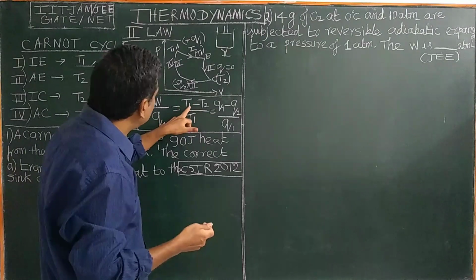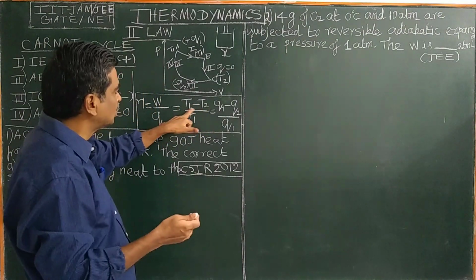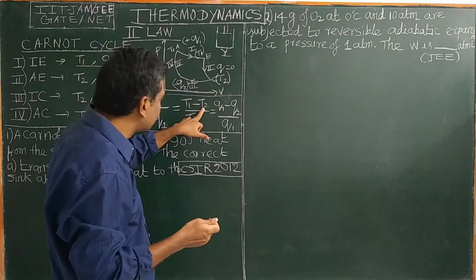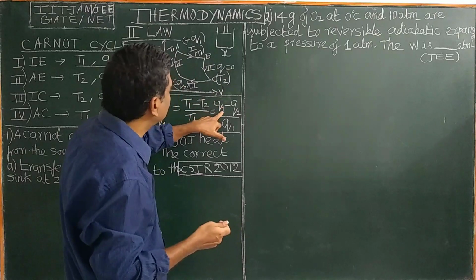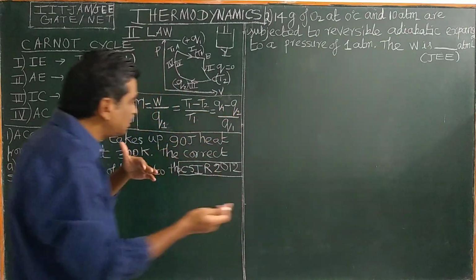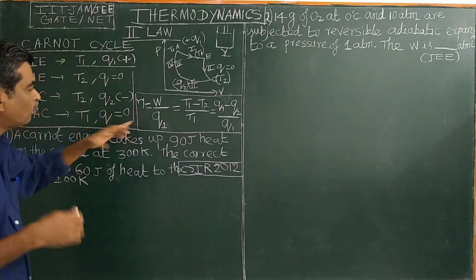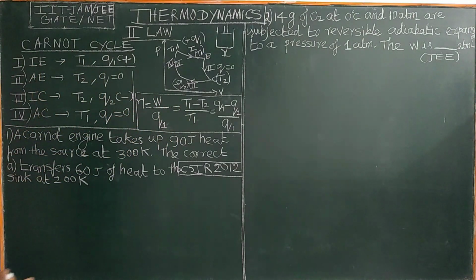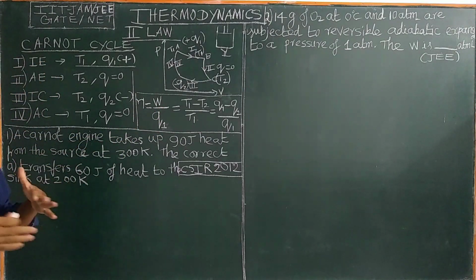Therefore it is (T1 minus T2) divided by T1, where T1 is the temperature of the source and T2 is the temperature of the sink, or equivalently (Q1 minus Q2) divided by Q1, where Q1 is the heat absorbed and Q2 is the heat released. This is the fraction of the heat absorbed that is converted into work.